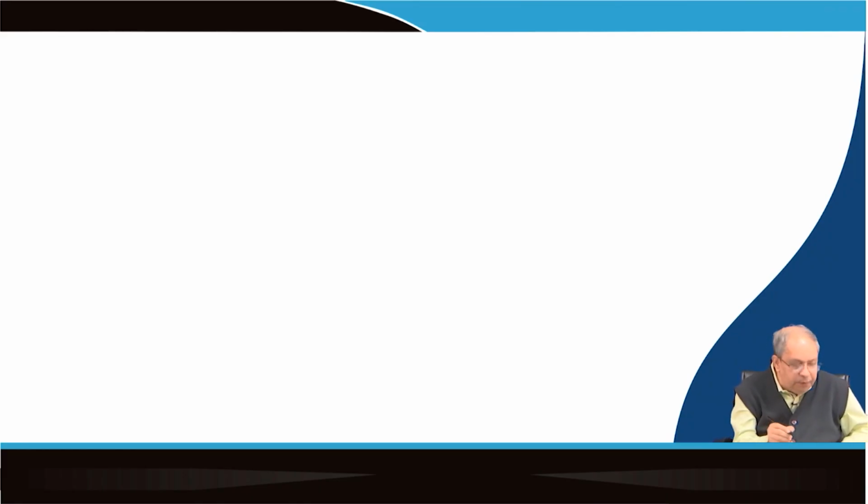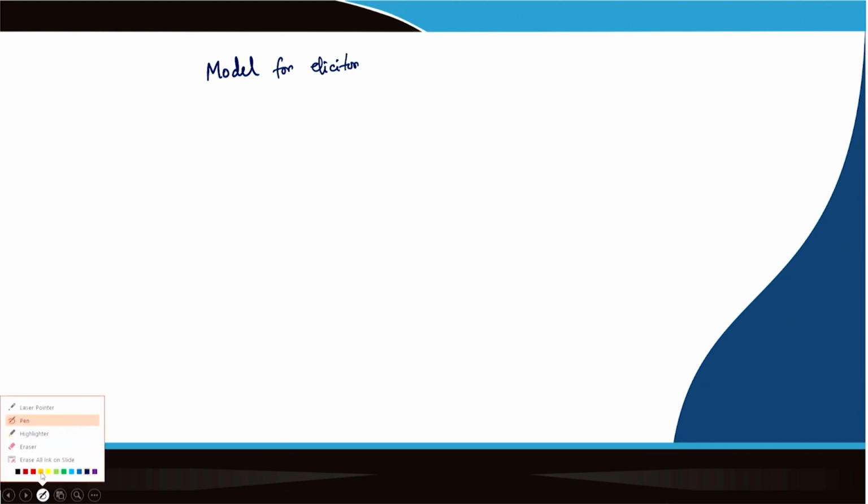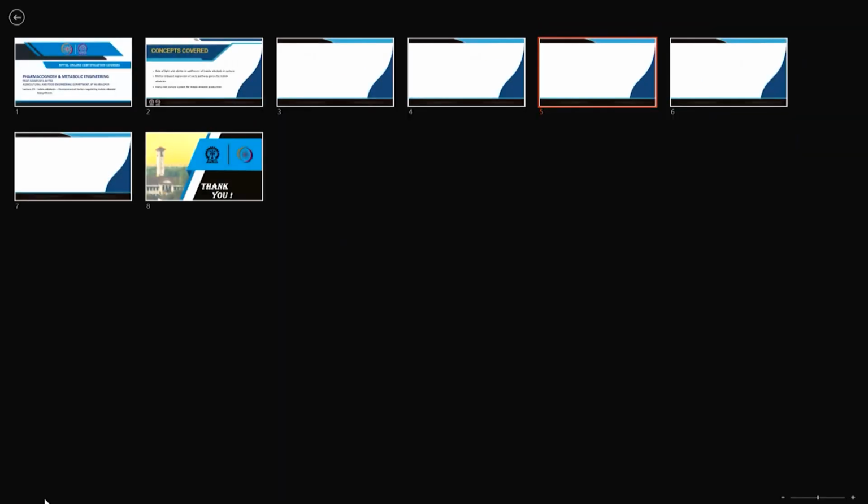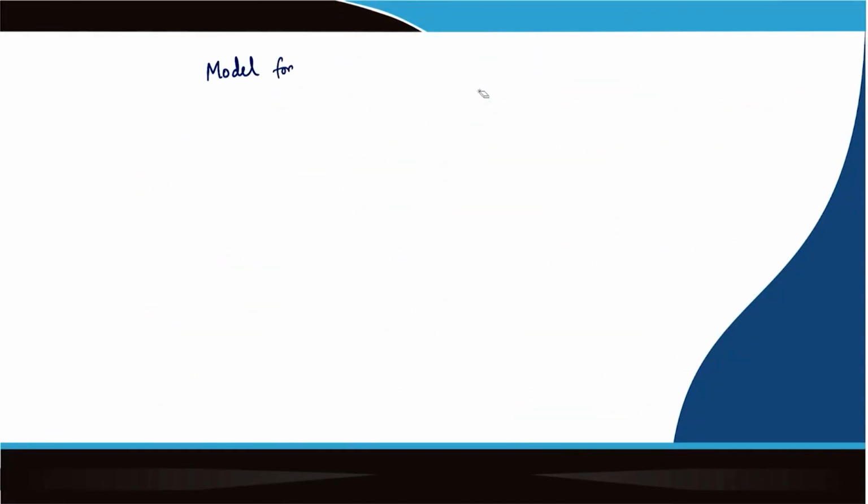So, let me draw this model for elicitor leading to STR gene expression. Okay.